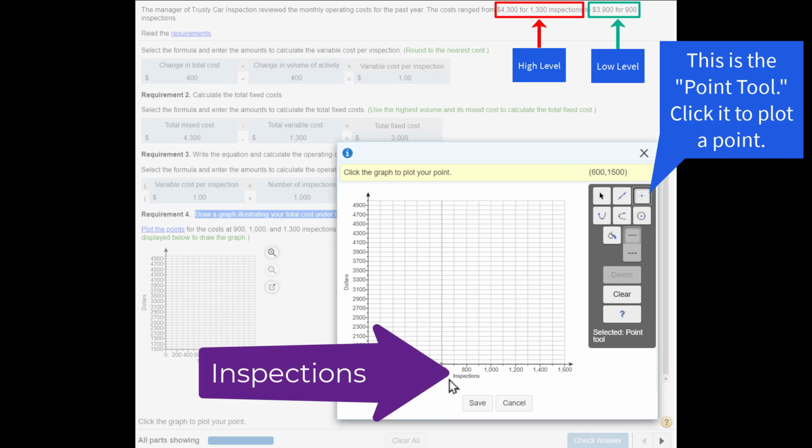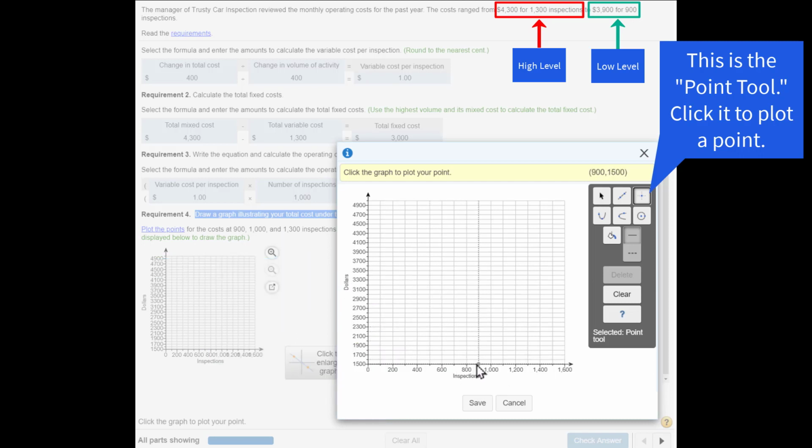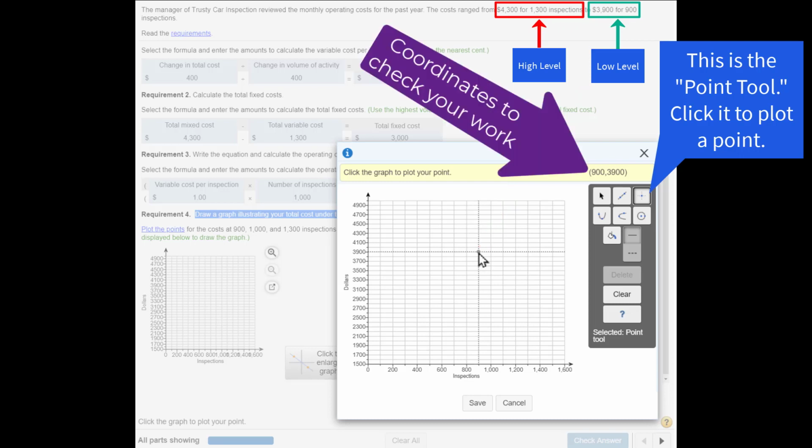Then notice down here, these are inspections, and over here, this axis is dollars. So we're going to find 900 inspections and go up to $3,900 a cost. And notice in the upper right corner, it shows our plot point coordinates.